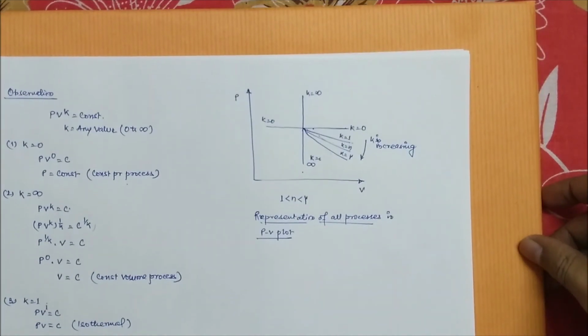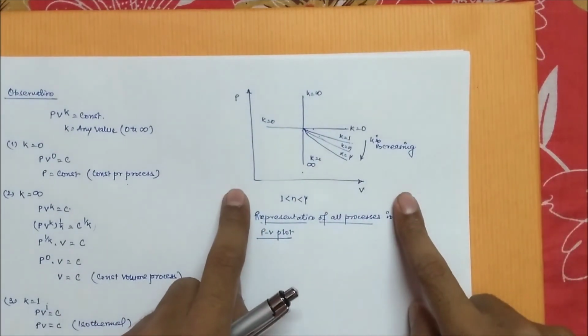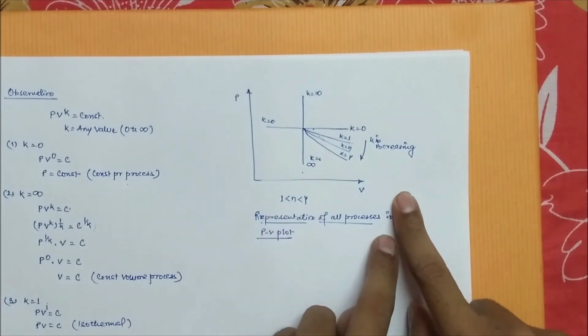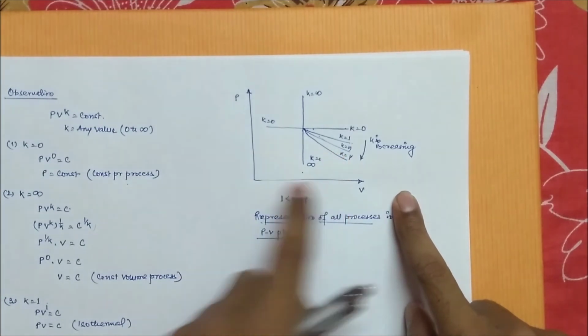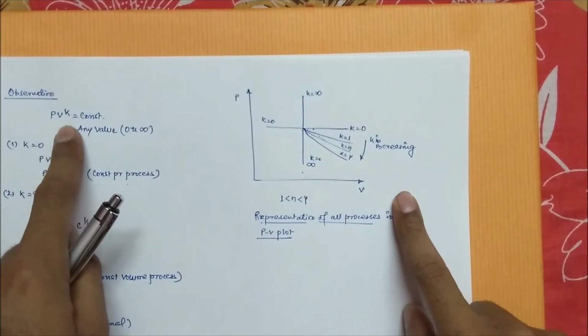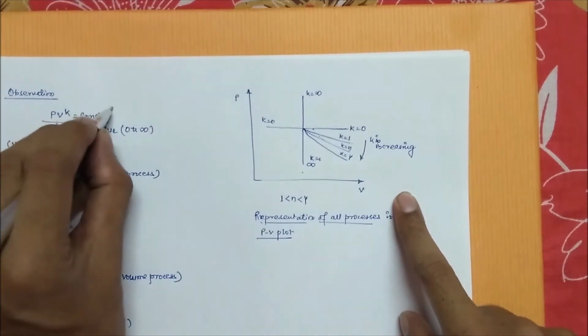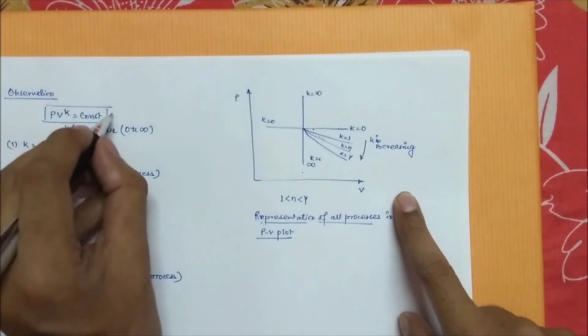It's very important and we should remember this representation of all the processes in the PV plot and this governing equation or governing law for all the processes.